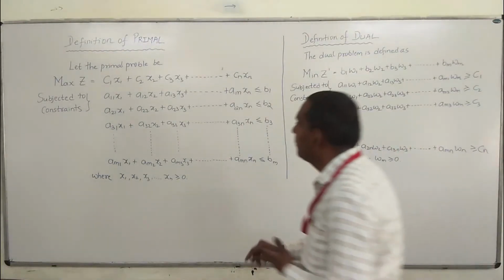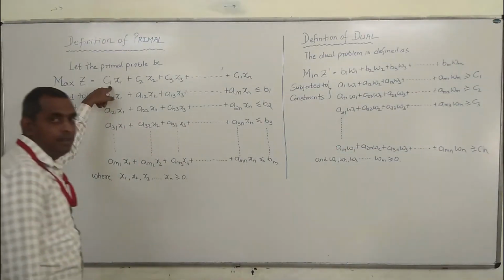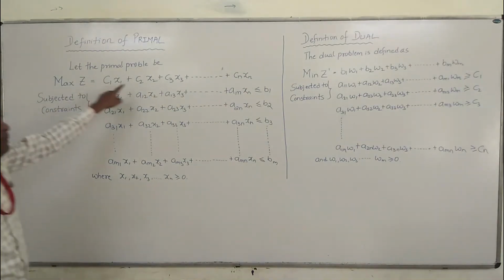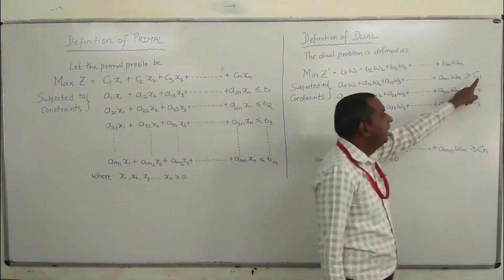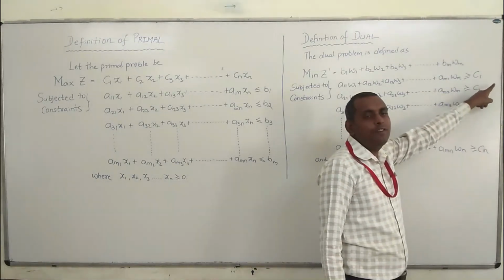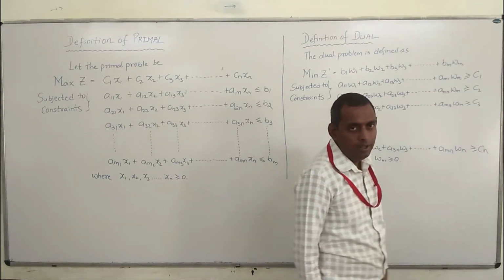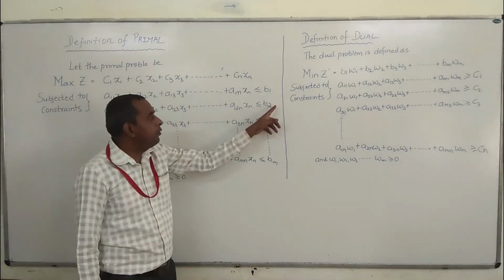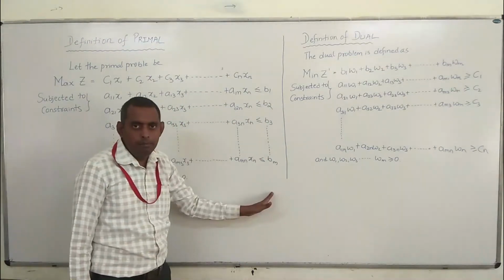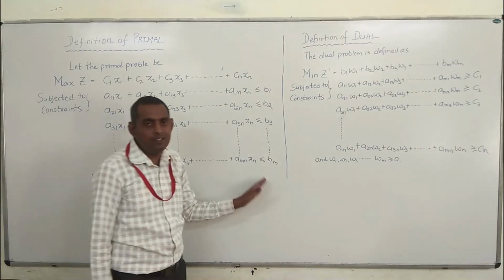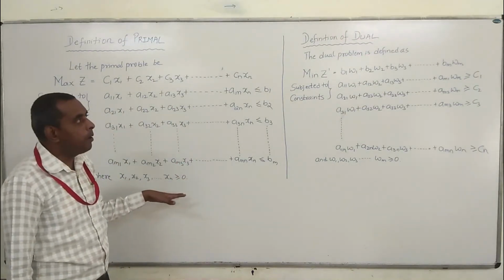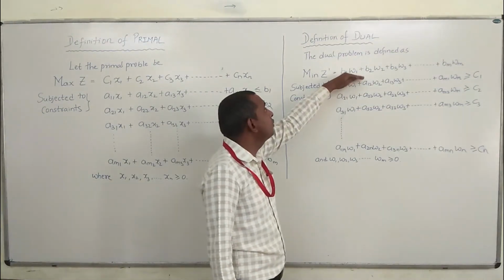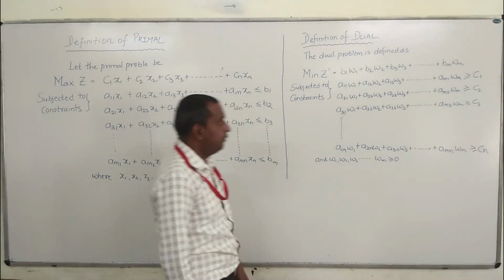The coefficients in the objective function will be on the right hand side of the constraints in the dual. The b1, b2, b3 up to bm, the right hand side of the constraints of the primal problem, will become the variables in the objective function of the dual problem.